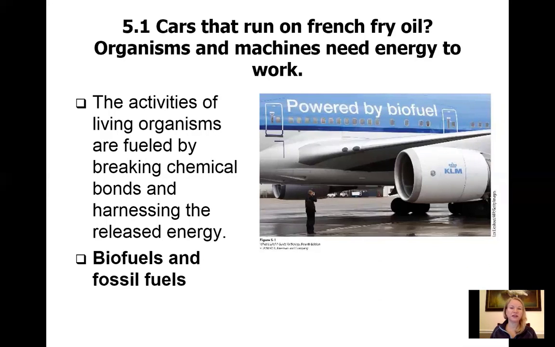So the chapter starts out with talking about biofuels. And there's a lot of good about biofuels. Those are the fuels that we get from things like corn and soybean, even switchgrass. And here it mentions French fry oil. Basically, the oil that's used to cook with, you can actually take that, because there's all those hydrogen carbon bonds, just like oil or coal, anything that has fossil fuel beginnings.